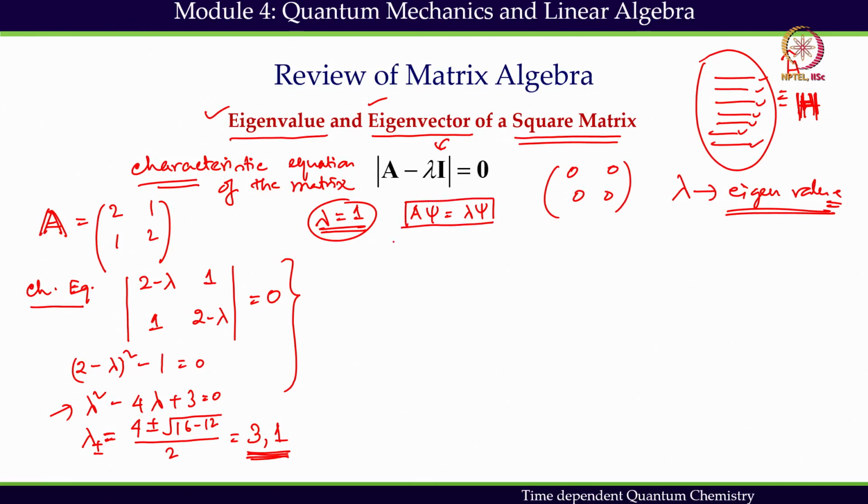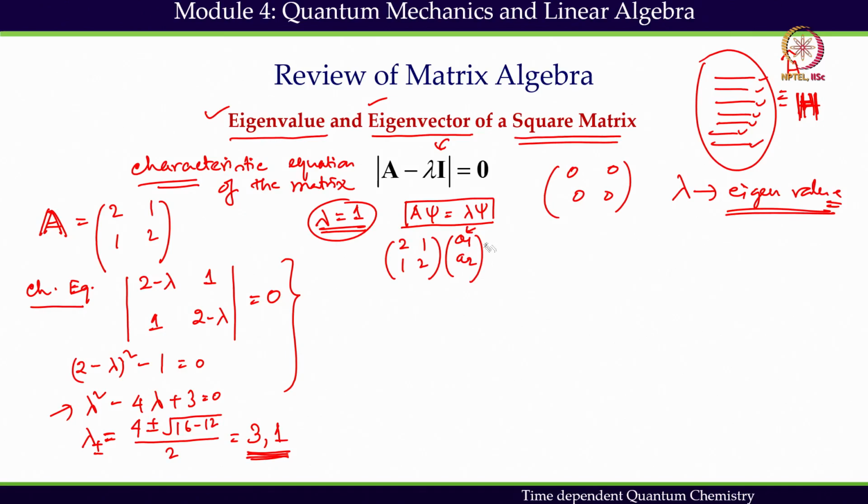A has been represented in terms of the matrix 2 1 1 2. Then psi is unknown to me, which is why I will write A1, A2. Remember, I am now representing psi in some basis, and that basis gives me these coefficients, just like the way we presented previously.